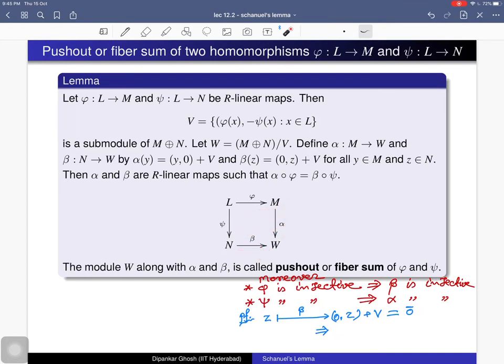Okay, so we have this W, and how do we give a map from M to W in a natural way?